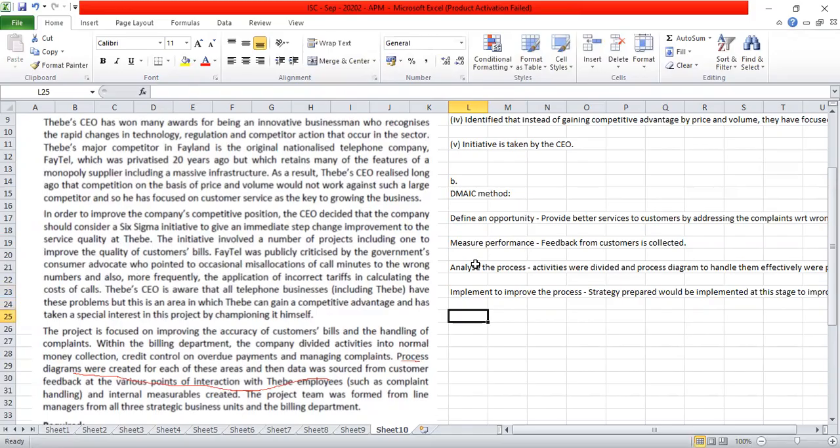Then we see control. Control the process as the strategy is implemented.